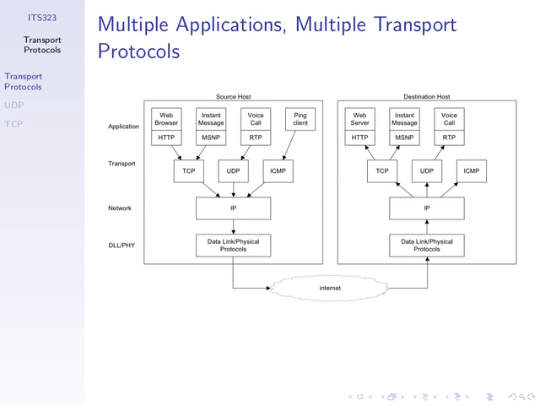So my browser has a port number as well. That's the source application, and that would be included in the TCP header. And we'd create a TCP segment, which is put into an IP datagram and eventually sent across the internet through our routers.